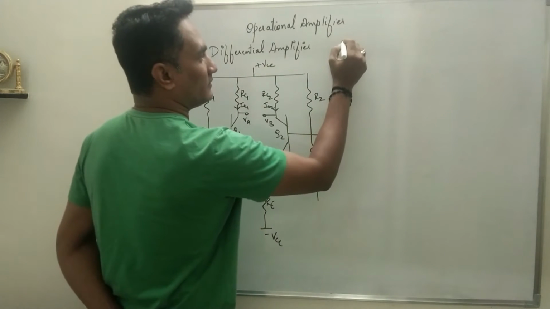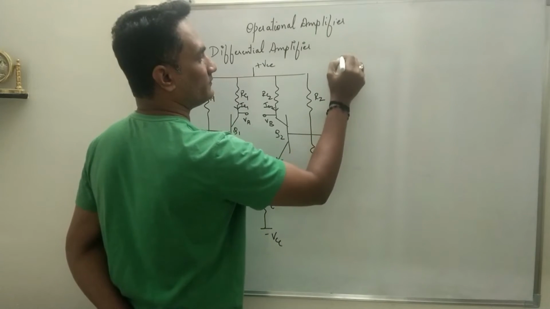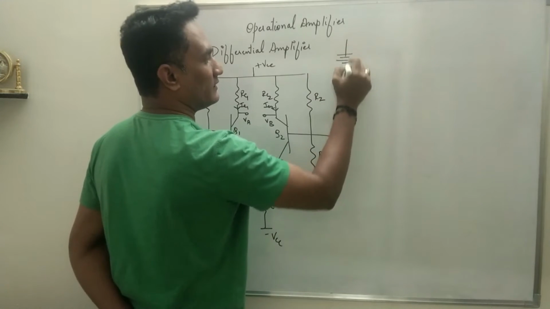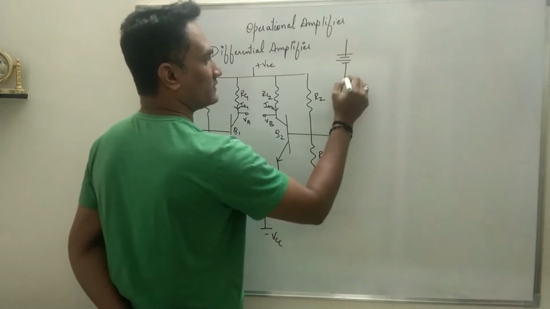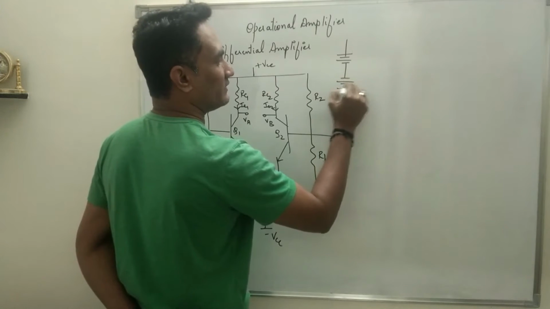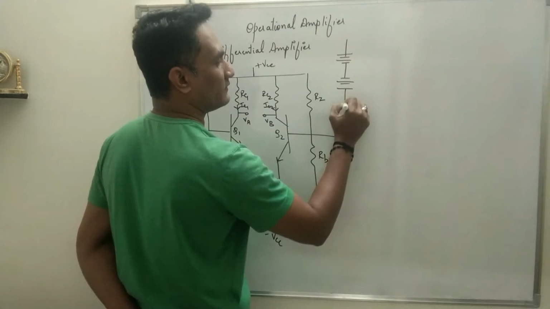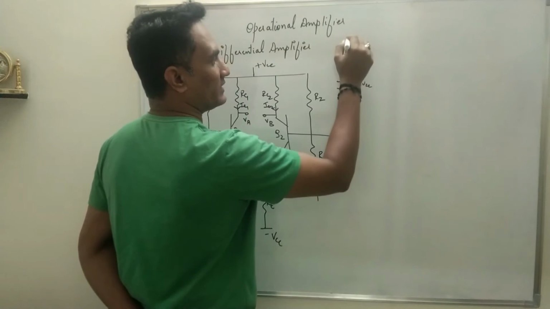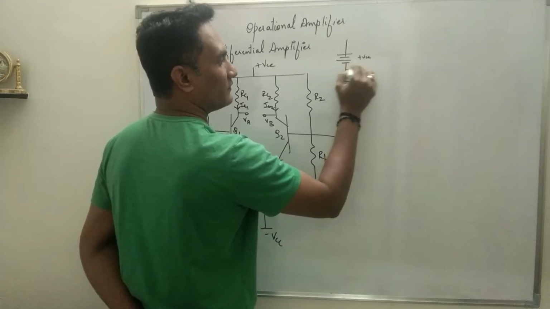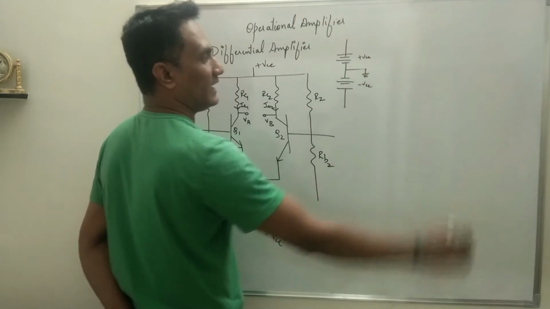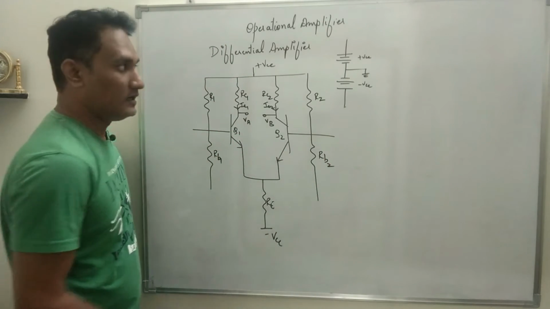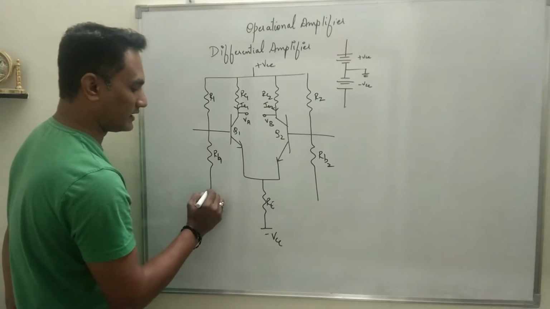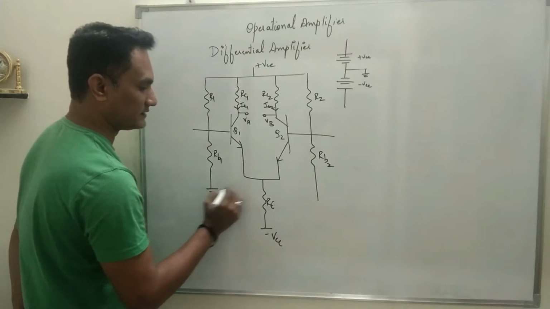I will draw it here: positive, negative, positive, negative. So this is plus VCC and this is minus VCC, and the common terminal of these two will be considered as ground, which will be the ground for the base resistances.